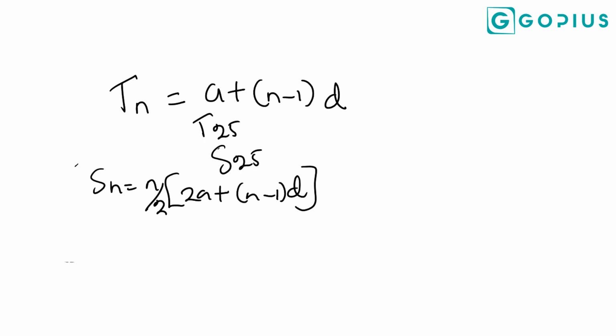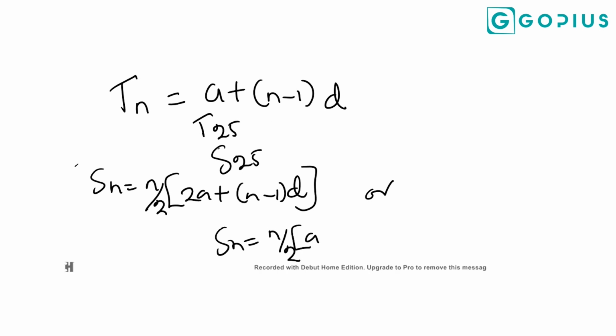The T formula is to find the particular term, and the S formula is to find the sum from the first term to that particular term. For the Sn formula we have 2 forms. We can use this when we know the first term and the common difference, or we can use Sn equals n over 2 into (a plus l), where l means the last term of that sequence.